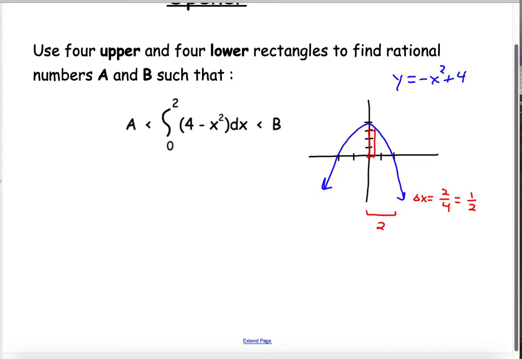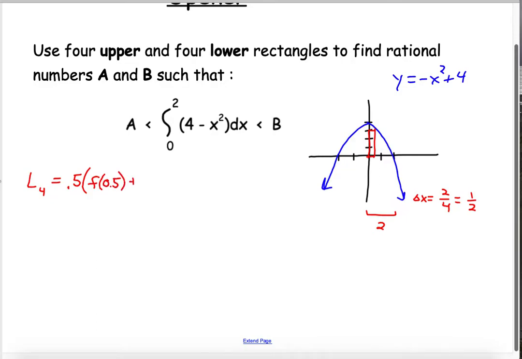So let's write this as L4 for 4 lower rectangular approximation. The width of each rectangle is going to be 0.5, and I'm going to multiply that by the height of each rectangle. For the first rectangle, I want to evaluate my function at 0.5.